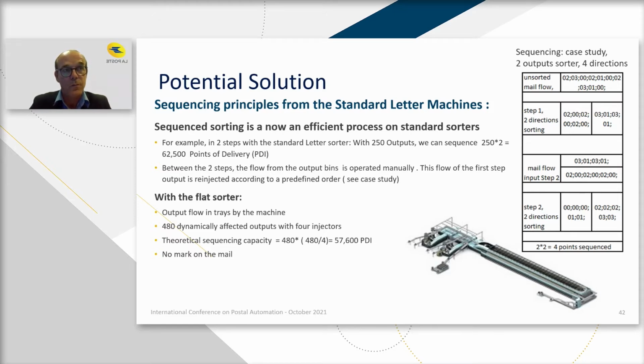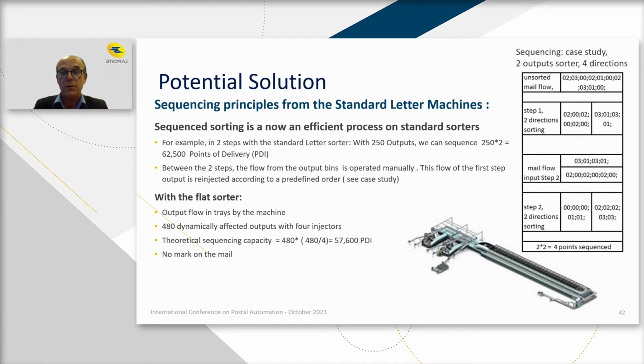The specificity of the sequenced process is that we sort in several steps, in this case 2 steps. The difficulty of this process is to be able, between the 2 steps, to re-inject the mail flow in the good, predefined order in the machine. So this is the way we do it with the standard letter.